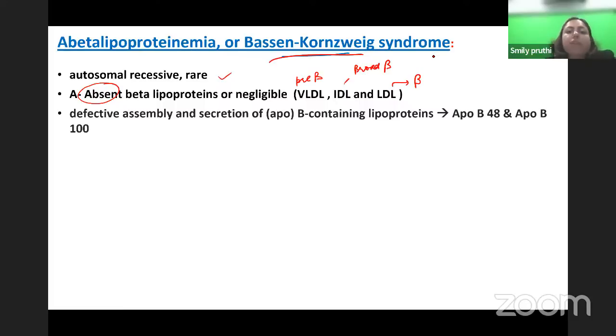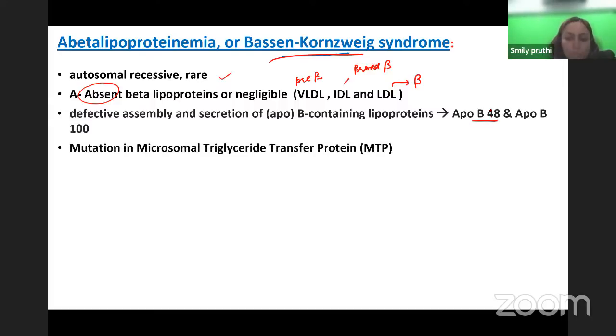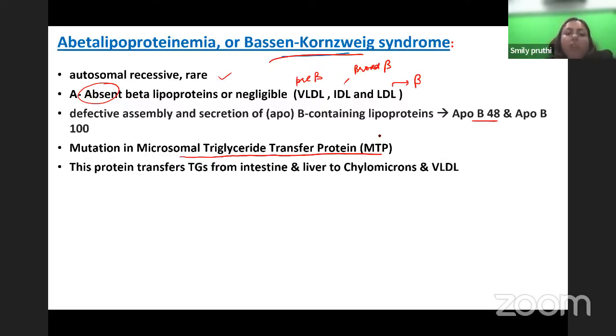There is defective assembly and secretion of ApoB containing lipoproteins, that is ApoB48 and ApoB100. So ApoB48 is in chylomicrons, so there will be decreased chylomicrons also. And the mutation is in MTP, microsomal triglyceride transfer protein. This protein transfers triglyceride from intestine and liver to chylomicrons and VLDL.